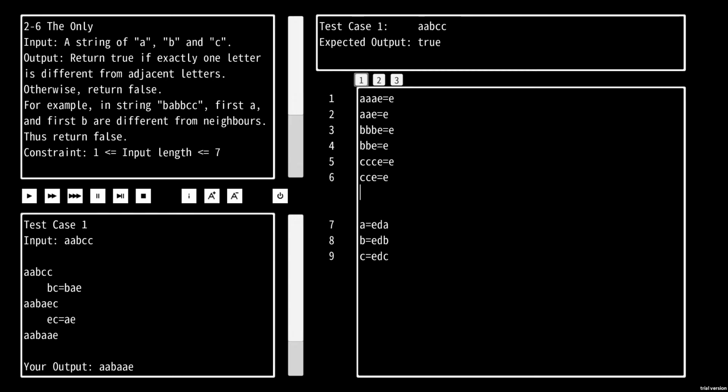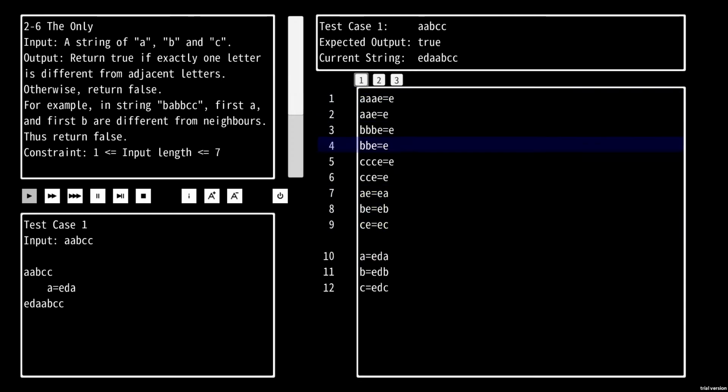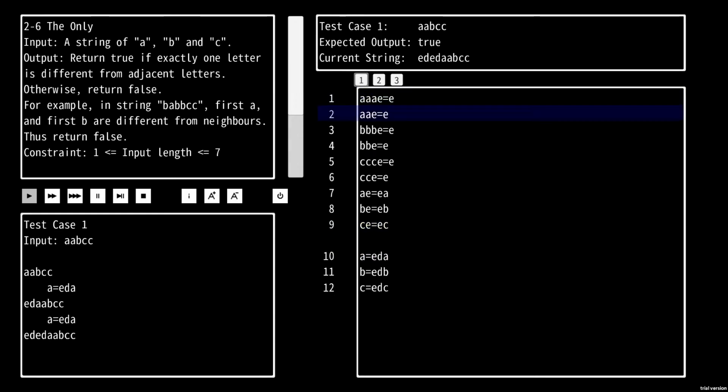And then AE equals EA, BE equals EB, CE equals EC. And that should, if I did everything right... actually it won't work in this case, because it'll just be on the left.